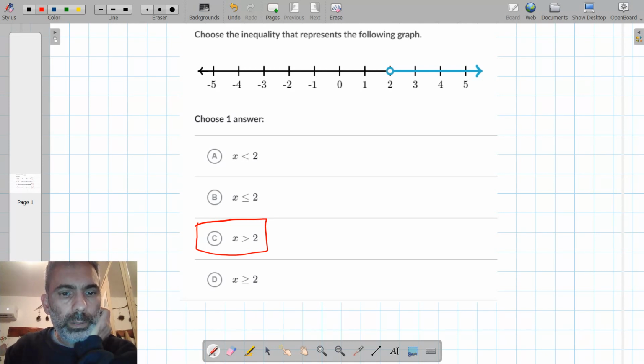And x is greater than or equal to 2 is not correct, because here we see the circle is hollow. So it means any number to the right of 2, excluding 2. Okay, so the only correct option is C.